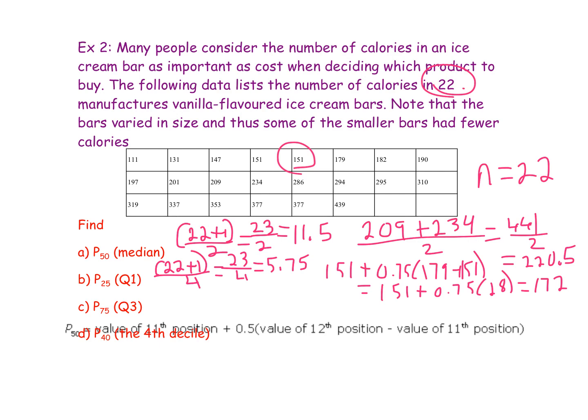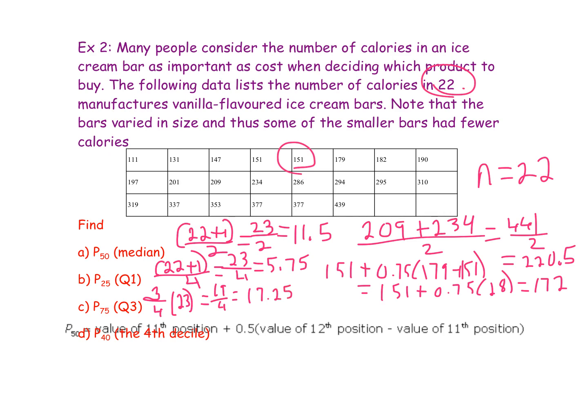For P75, I'm going to do 3/4 of 22 plus 1, which is 23, or you can multiply by 0.75 if you want, same thing. And so we end up here with 69 over 4, and so that's equal to 17.25.